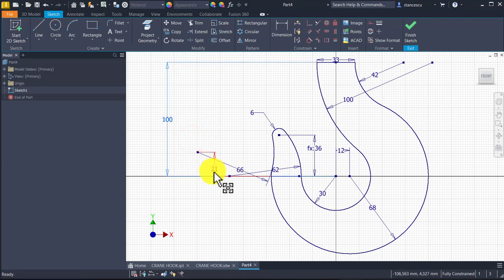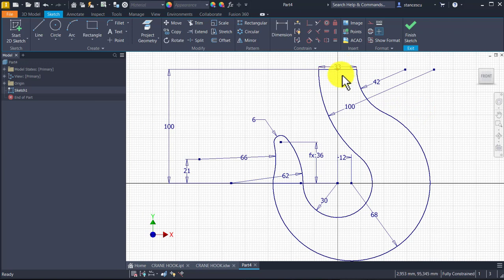We'll use it in the future. Okay, that's good, but not enough.